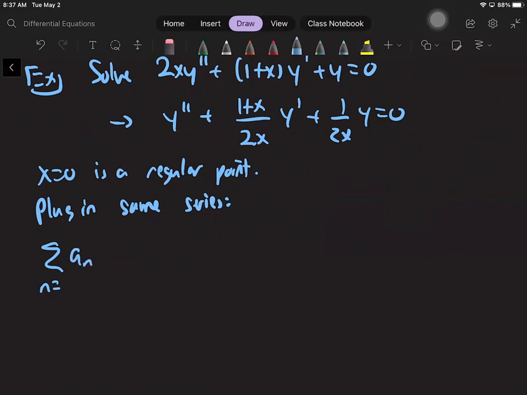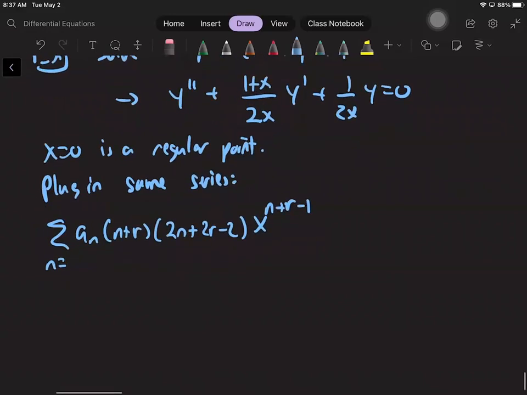So it's going to be an n plus r, and then I'm always going to put the 2 into the next term. So it's 2n plus 2r minus 2. And then the power of x goes in to take the x to the n plus r minus 2 to the minus 1 instead.